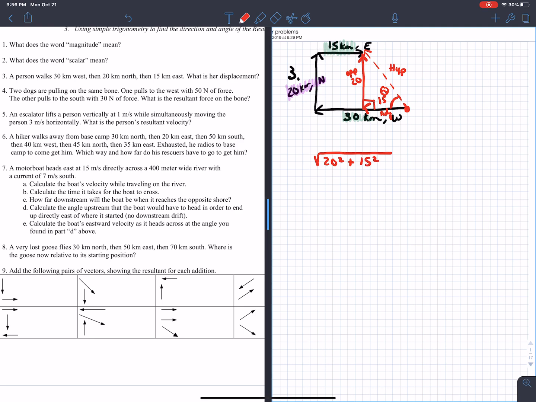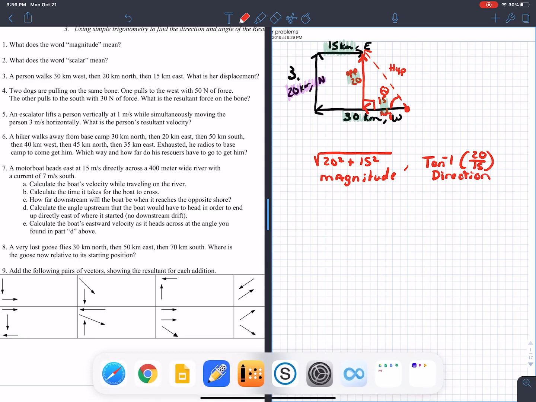If I get the square root of that, that's going to give me my magnitude of the resultant. And then for my angle, since I have the opposite side, 20, and the adjacent side is 15, I can use tangent. So I'll say inverse tangent of opposite 20 divided by adjacent 15. That's going to tell me my direction.